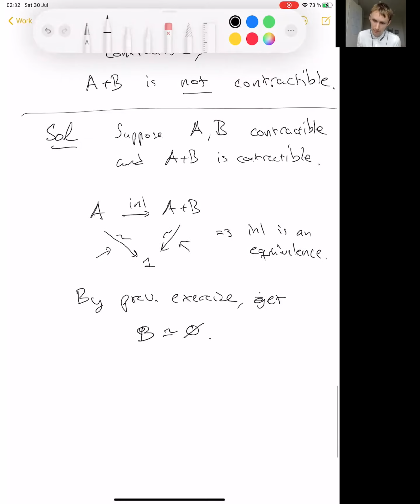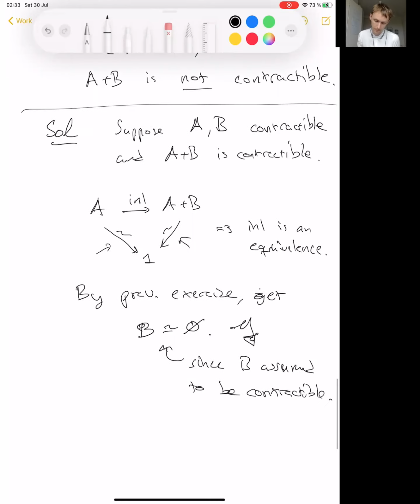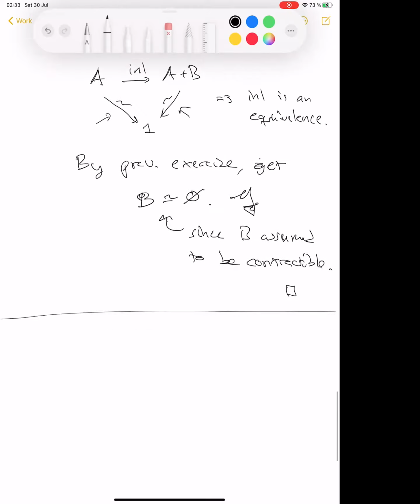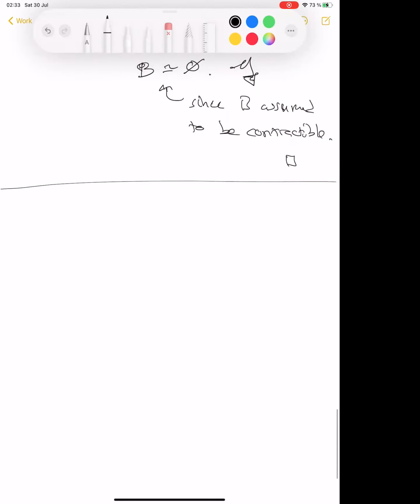But well, I don't think we need to continue here actually. This is a contradiction since B was assumed to be contractible. Okay, cool. Good.